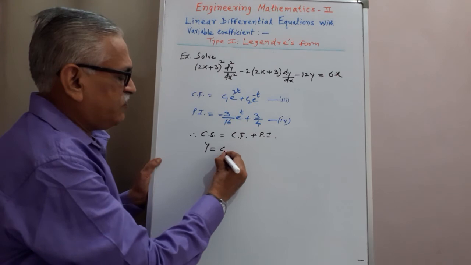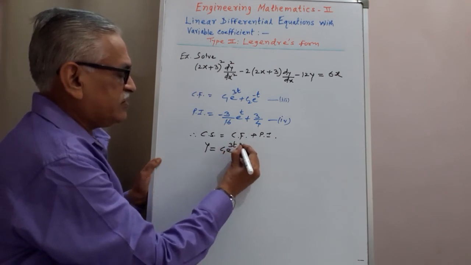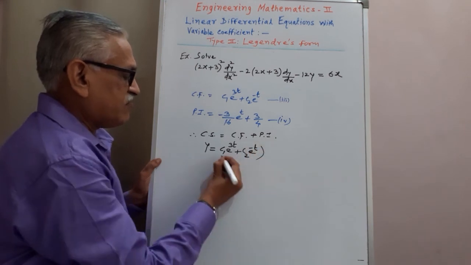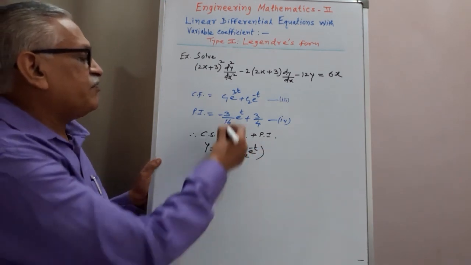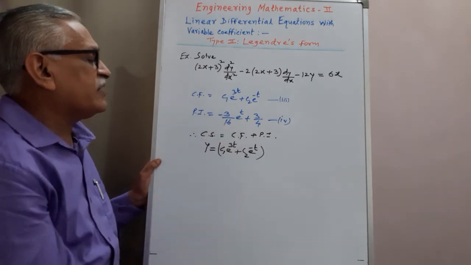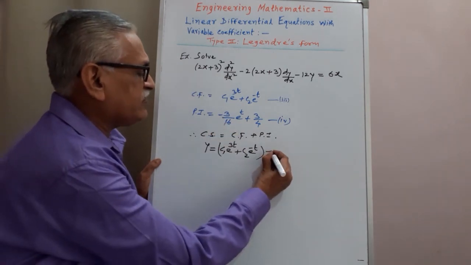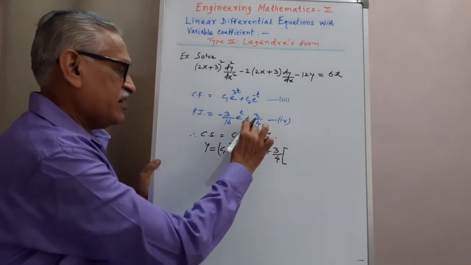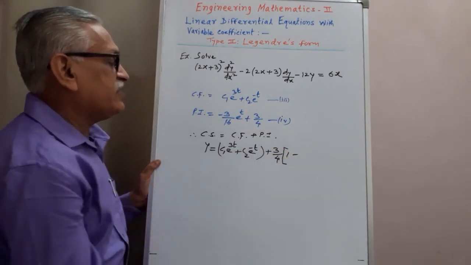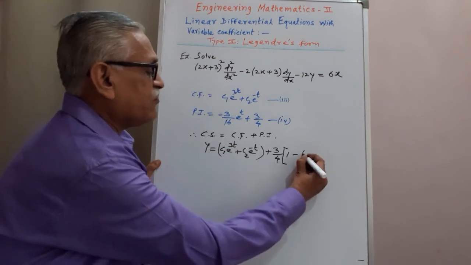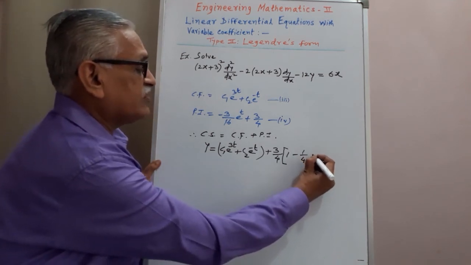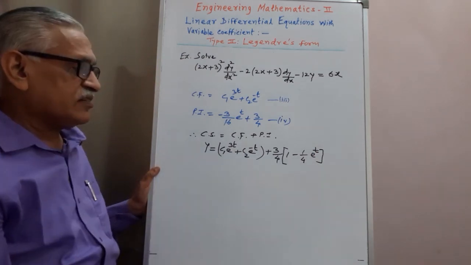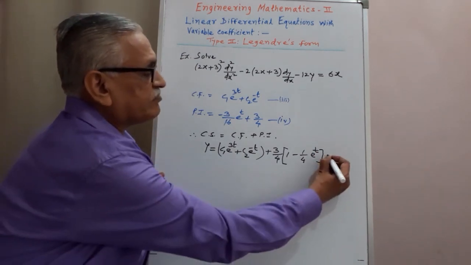CF is C1 e^(3t) + C2 e^(−t), and from the PI terms we can take 3/4 common, leaving 1 − (1/4)e^t, as equation number 5.